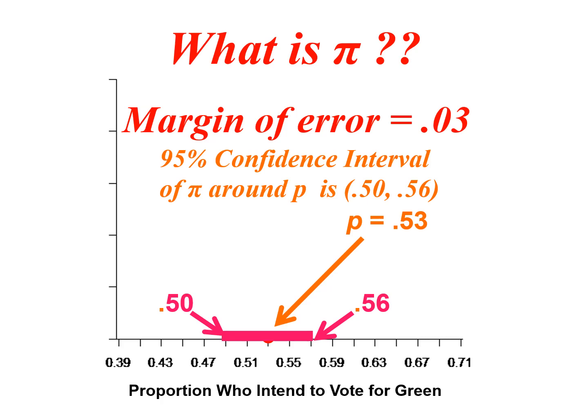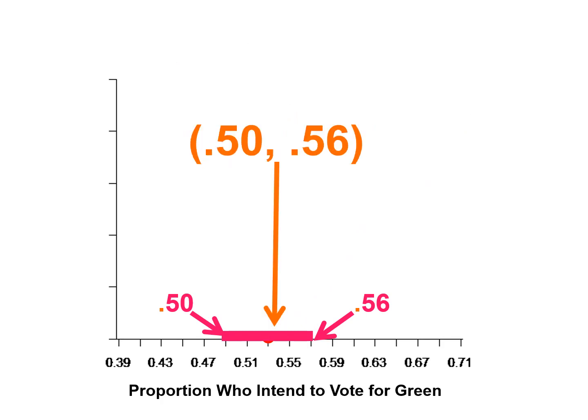On the graph, the confidence interval is indicated by a line segment between 2 points, 0.50 and 0.56. So your confidence interval is this bar right here. We call this line segment the interval.